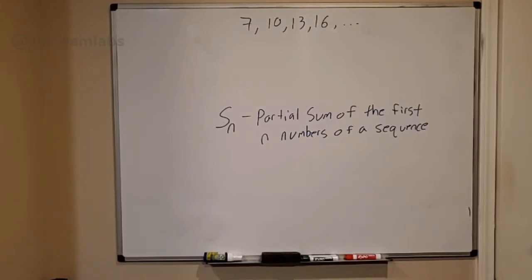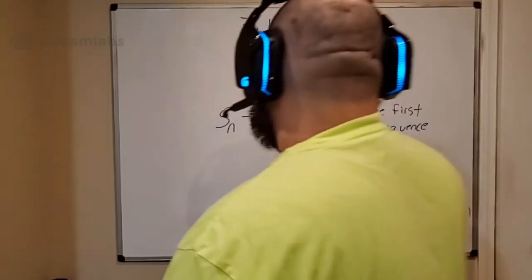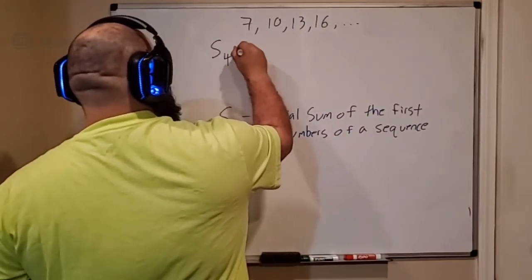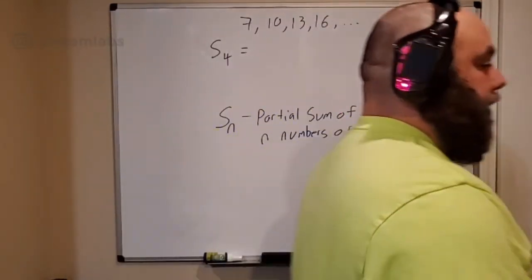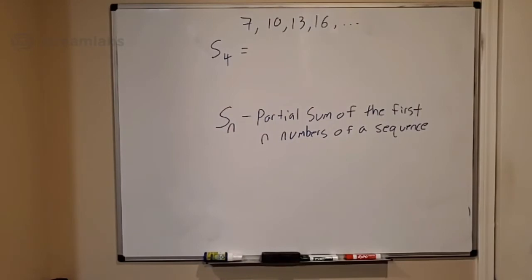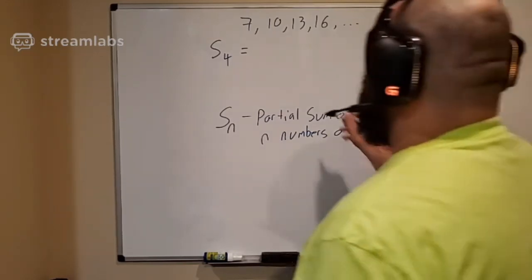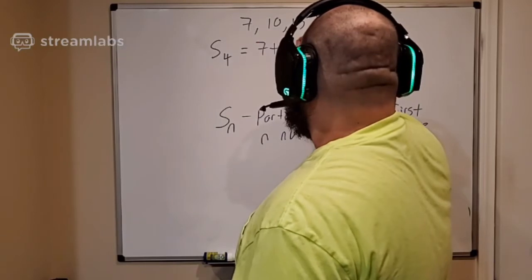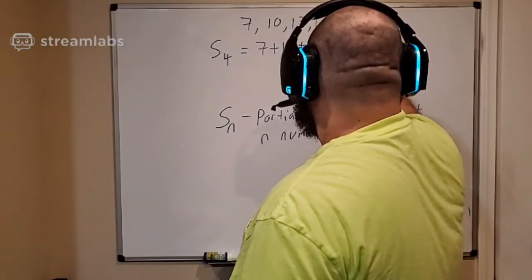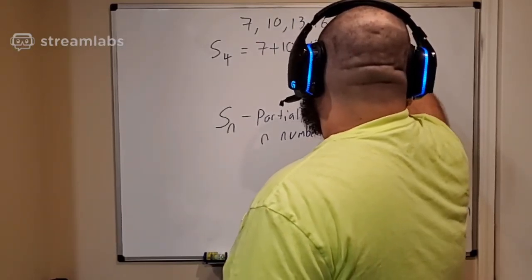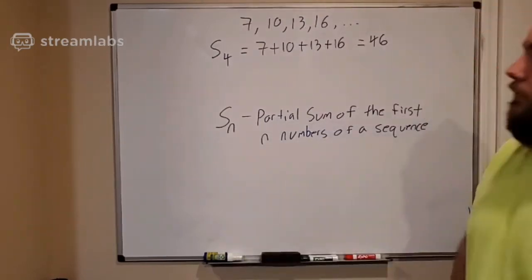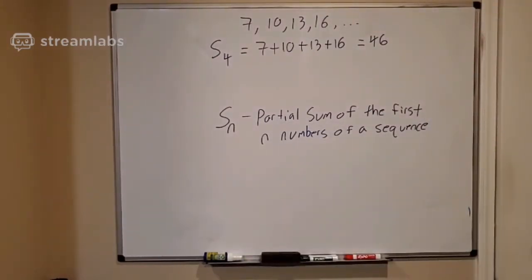So how do I figure out S sub 4? You add them all together, the first 4 terms. Pretty easy, not a big deal. I don't feel like doing math in my head right now, even though it's not too bad. 46. So that's literally all a partial sum is. Not too bad. You could do S sub anything.